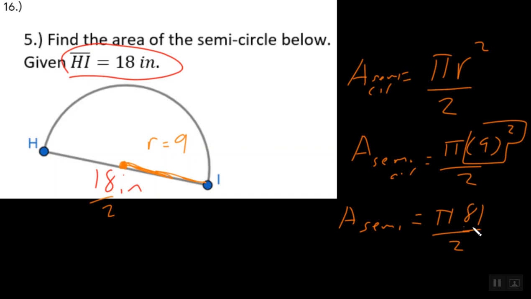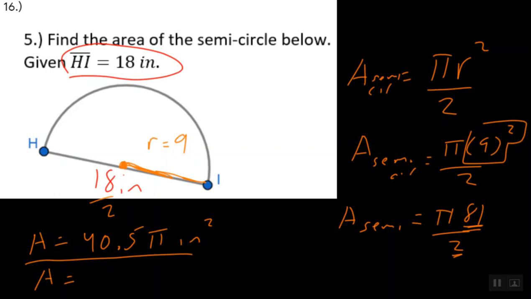Now there's really two ways you could find your answer. One, we could simply just do 81 divided by 2, which we could say our area is equal to 40.5 pi inches squared. So this is what we call in terms of pi. Or we could find the decimal approximation by multiplying 40.5 times pi.